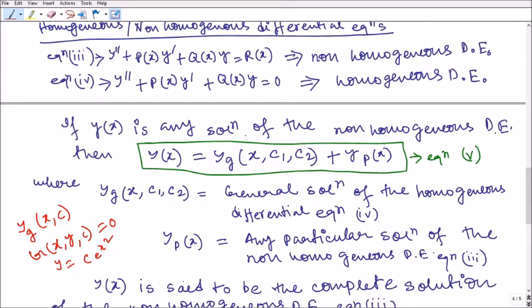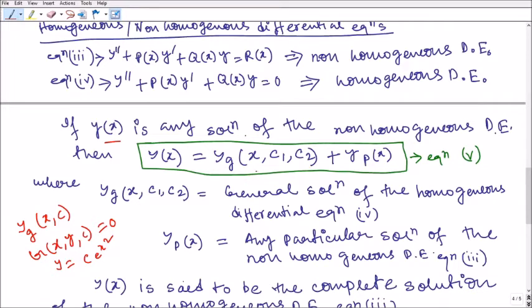So we are discussing the solution of a non-homogeneous differential equation. You have seen already that the second order linear differential equation has more than one solution. So suppose y of x is any solution of the non-homogeneous differential equation, and it can be written as y of x equal to yg of x comma c1 c2 plus yp of x.